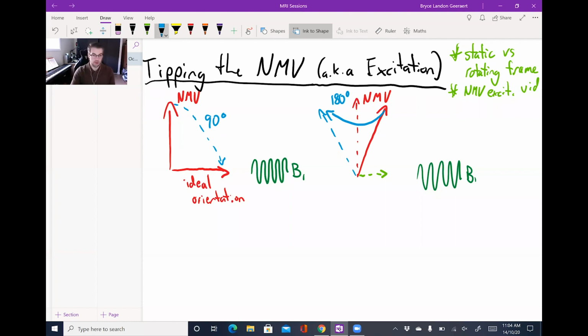And we have our B1 field still being applied in that other orientation originally. What's actually going to happen is the same force that caused our NMV to be tipped towards the B1 field in the first place is actually going to apply that force in the same direction and cause our new blue dotted line NMV to be tipped back into the vertical orientation. It's getting pulled in the same direction.